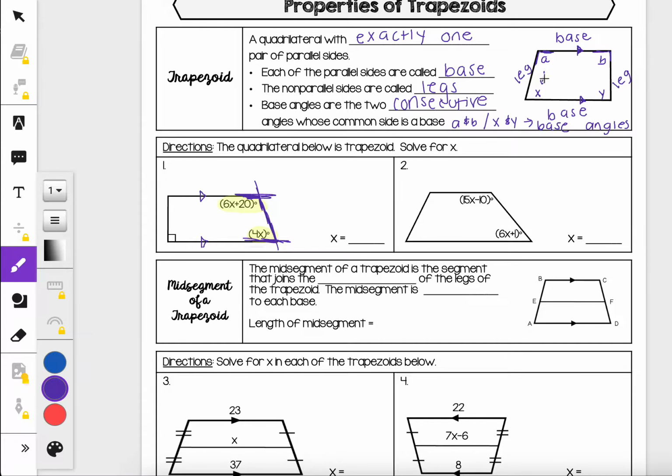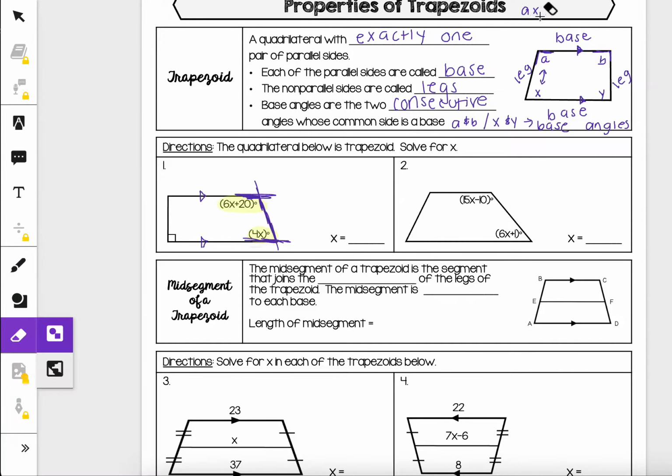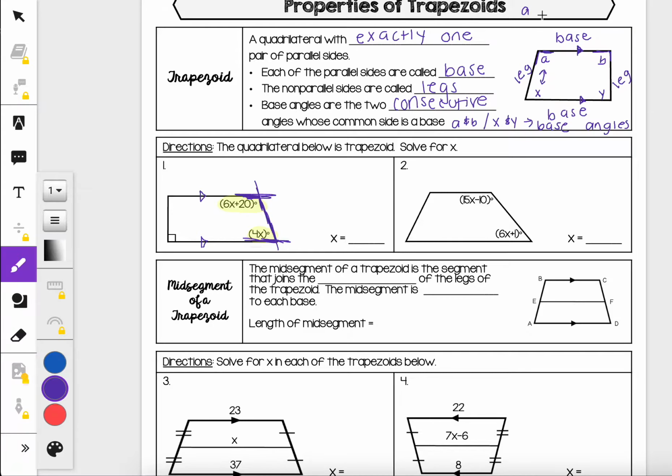So A plus X is going to equal 180 degrees. I'm going to write that up here. So A plus X equals 180 degrees, and then we know B plus Y is going to equal 180 degrees because those are consecutive non-base angles.